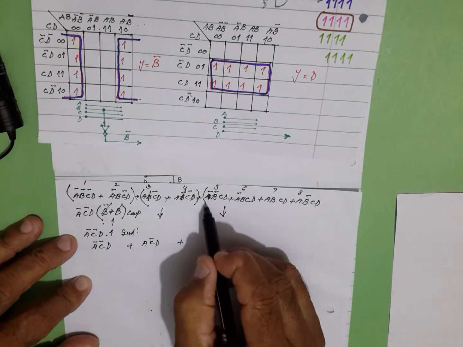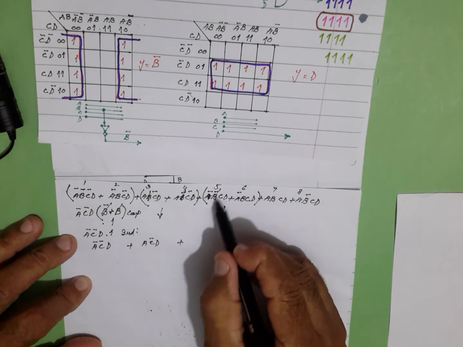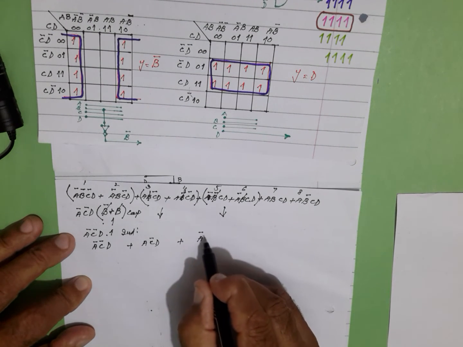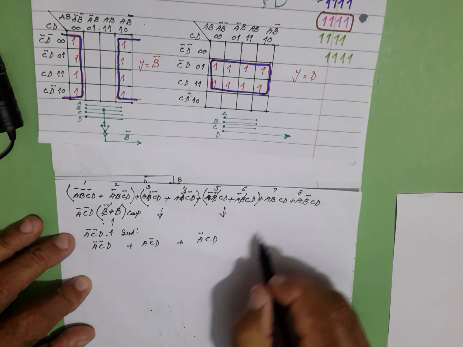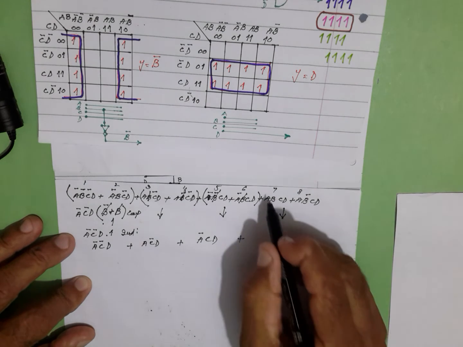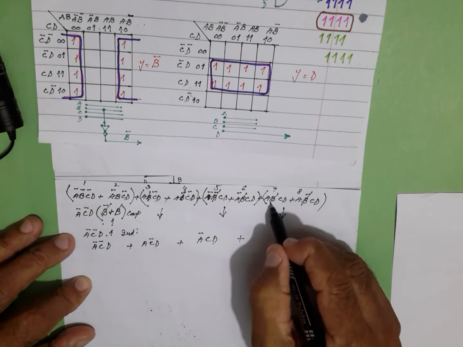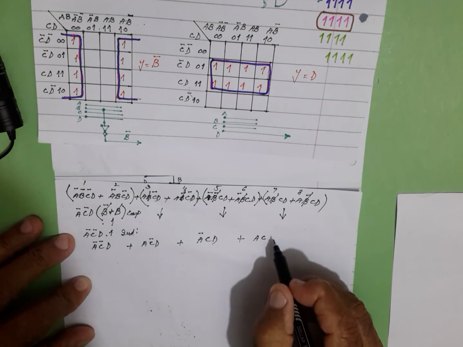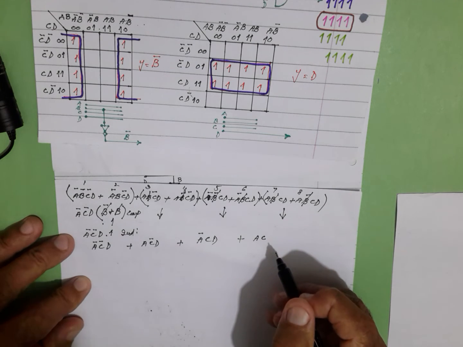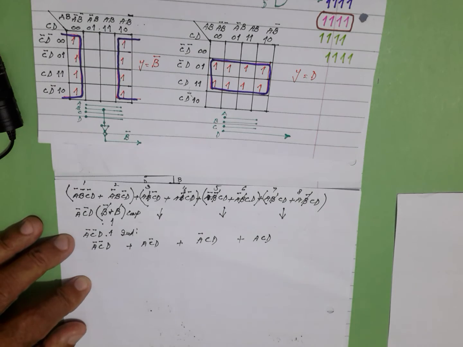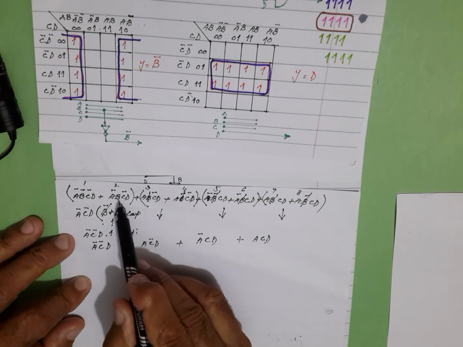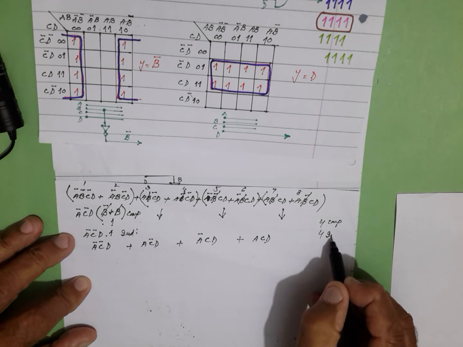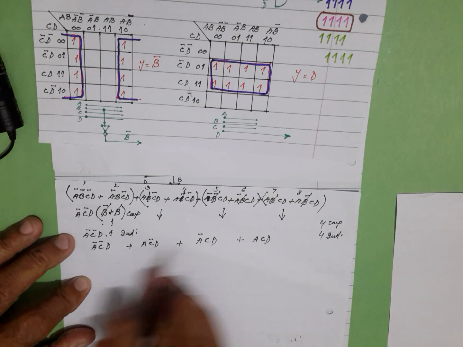For this combination, B bar is changing, complement law, and we have A bar C D. Plus, for these two, B bar is changing, complement law and identity law, and finally we have A C D. Now we have applied 4 complement laws and 4 identity laws, and from 8 equations we have reduced to 4 equations.